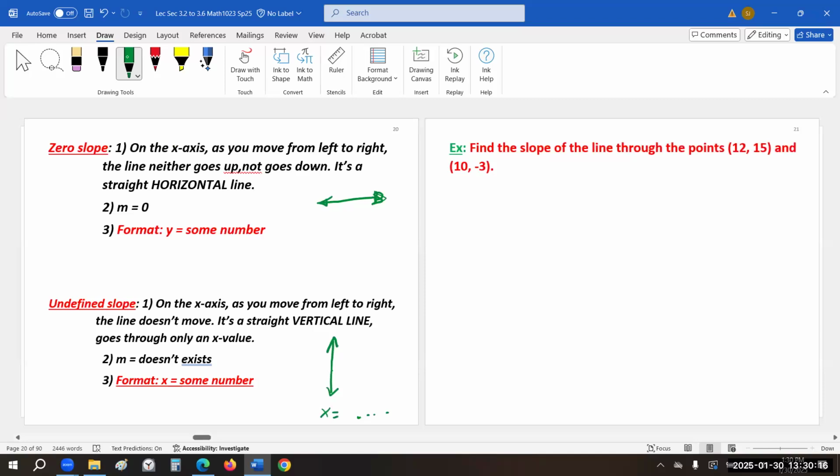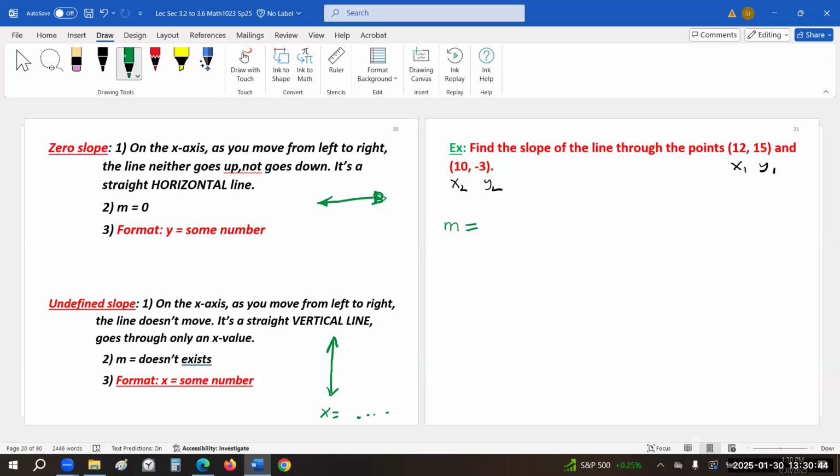Okay, now we have 2 points. They are asking to find the slope between them. Let's say this point is x1, y1, and this point is x2, y2. So how do you find the slope if 2 points are given?